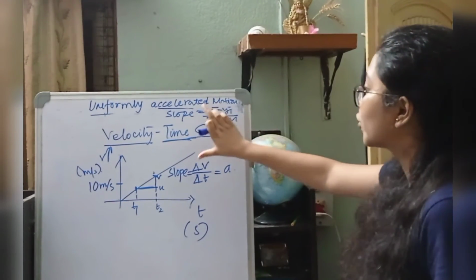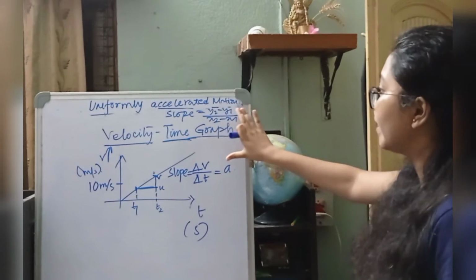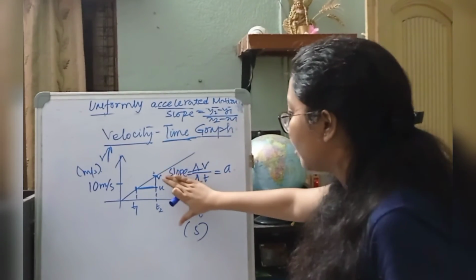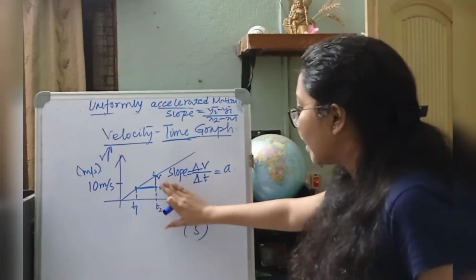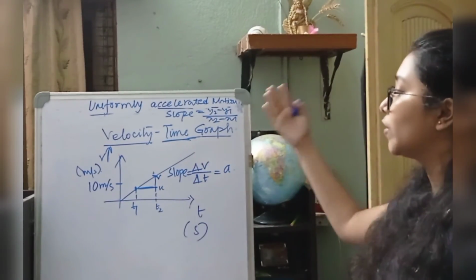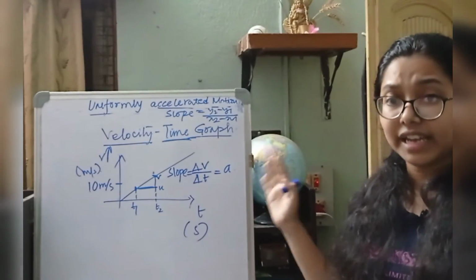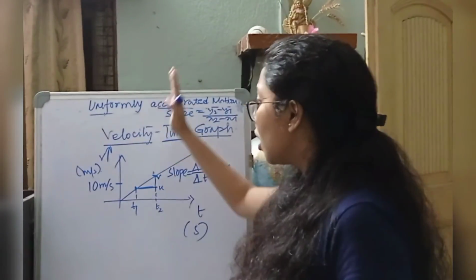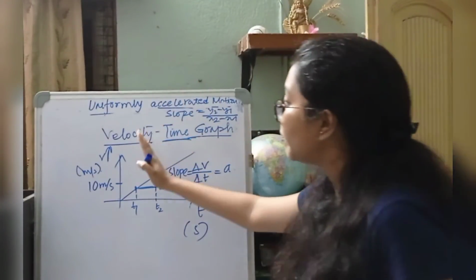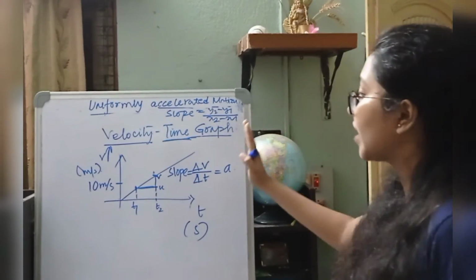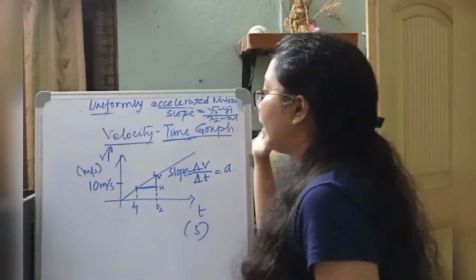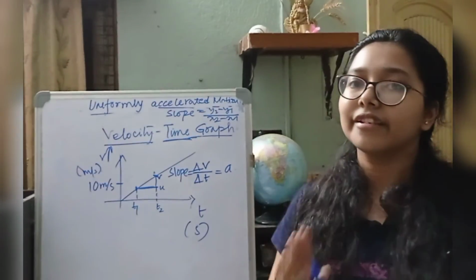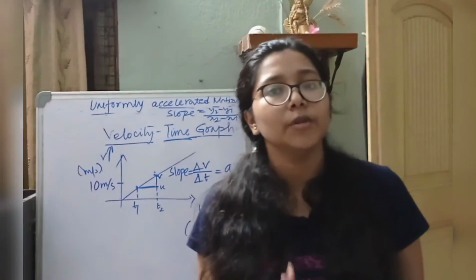So this slope calculation, y2 minus y1 by x2 minus x1, is v minus u by t2 minus t1, which is delta v by delta t, and we know that delta v by delta t is nothing but acceleration. So the slope of the Vt graph provides us with acceleration, and we can easily obtain it by del v by del t.